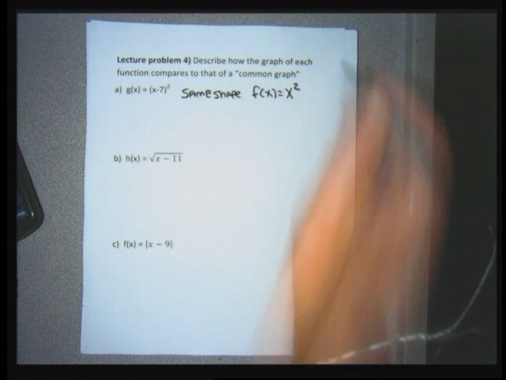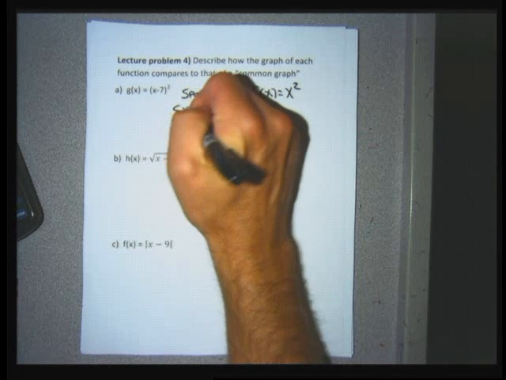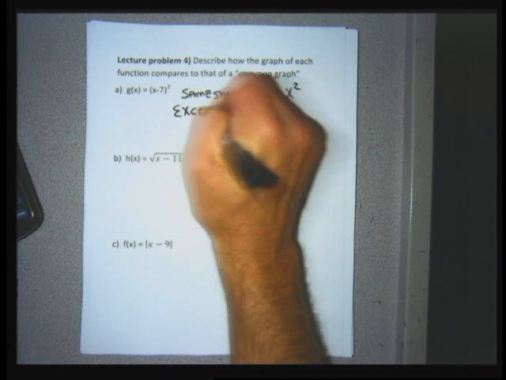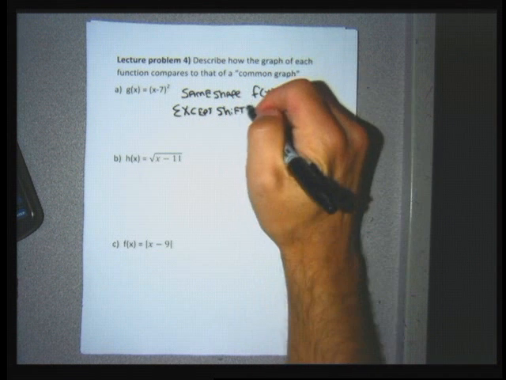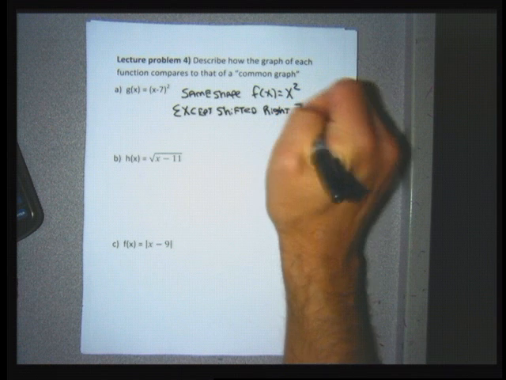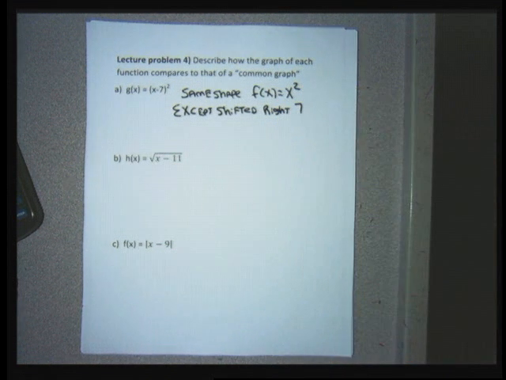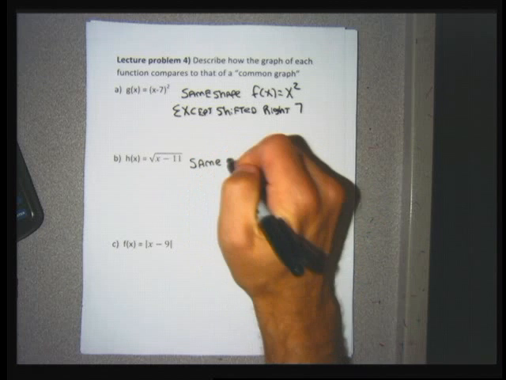Or I can say it's the same shape as x squared, except it's not going to have its vertex at the origin. It's going to have the vertex on the x-axis at 7. Except it's going to be shifted to the right 7 units.